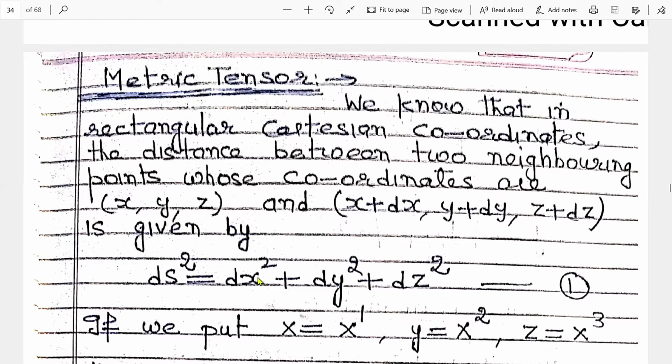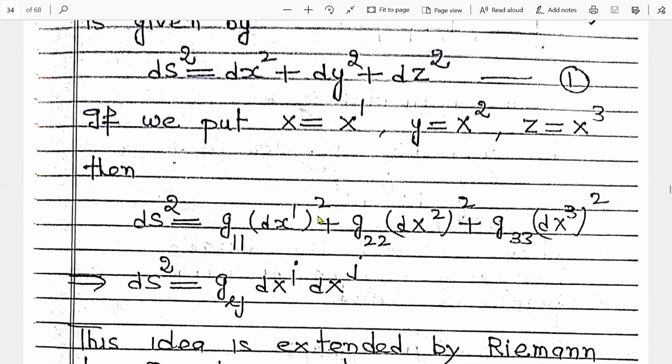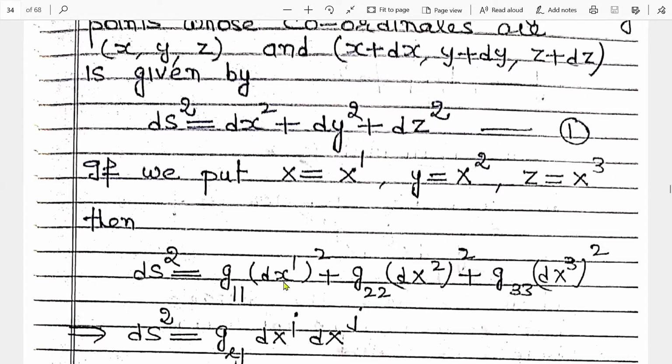If we put x as x1, y as x2, z as x3, this equation can be written in this form: g11 (dx1) whole square plus g22 (dx2) whole square plus g33 (dx3) whole square.